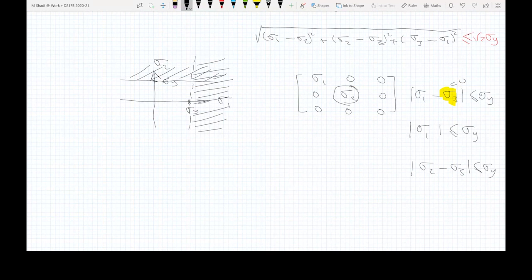All right? Now, what about this region in there? How about the behavior in this region? Let us pick a random point, probably this point here, and take 0.7 sigma y.